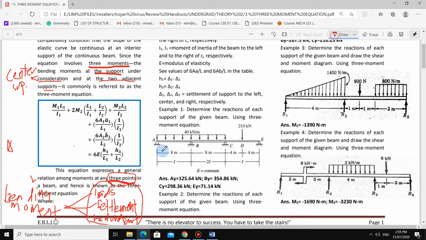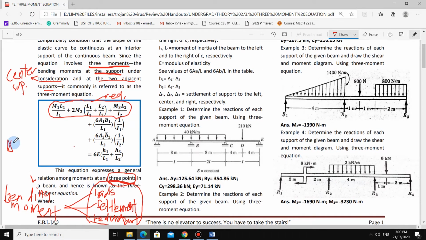Okay, so guys, these are the first 3 terms. This is the formula, the moment due to redundant: M1 times L1 over I1 plus 2M2 quantity of L1 over I1 plus L2 over I2, then plus M3 times L2 over I2.